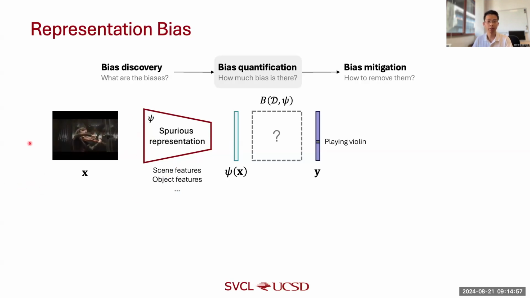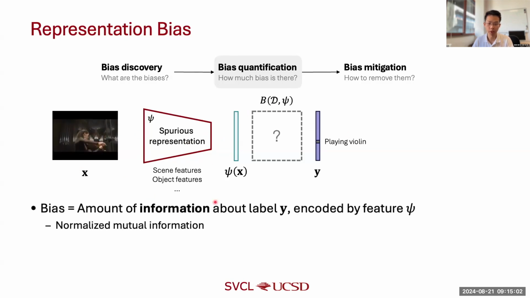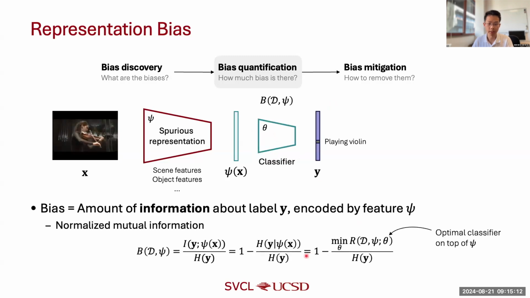So we define representation bias as a kind of normalized mutual information between the spurious features psi of x and the ground truth label y. The normalized mutual information is basically the mutual information between the two variables divided by the entropy of label y.